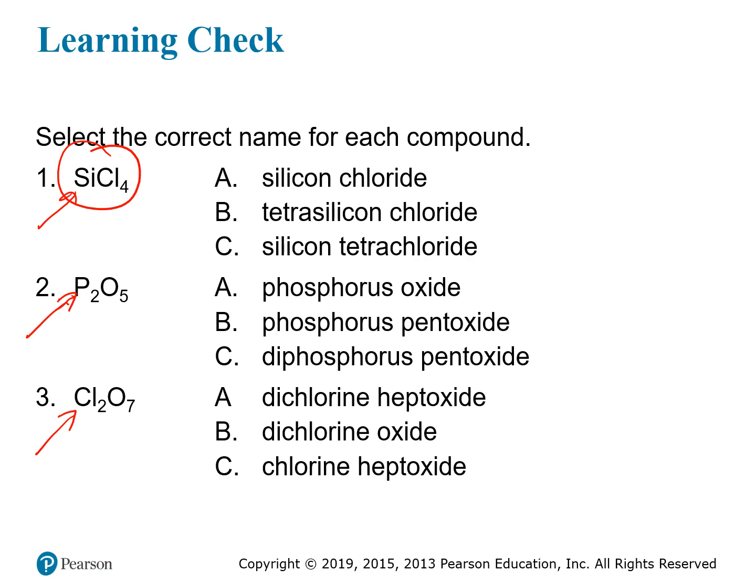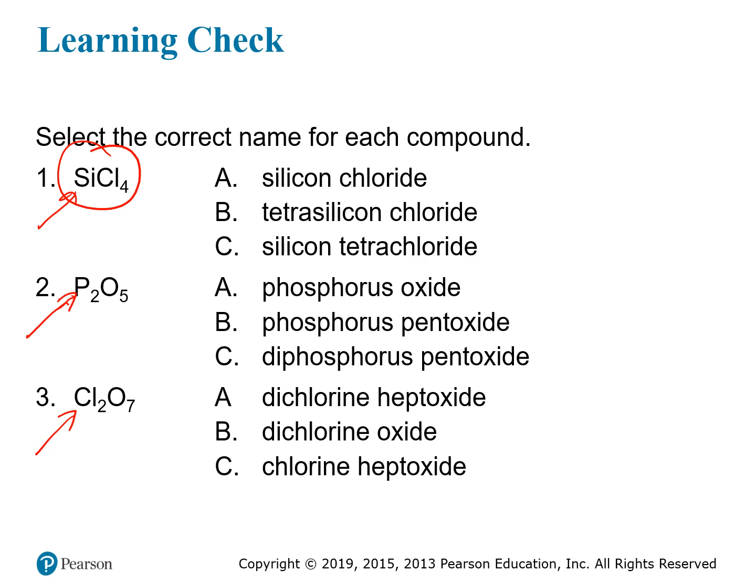So SiCl4. Si is silicon. You can look it up in the periodic table. There's just one silicon atom in this compound. Because there's no prefix following the Si, that means there's only one of them. So it should be silicon. You might say it's monosilicon, but again, that mono gets dropped from the first element, and none of these choices have mono in front anyway. So it's not tetrasilicon because there are not 4 silicons.